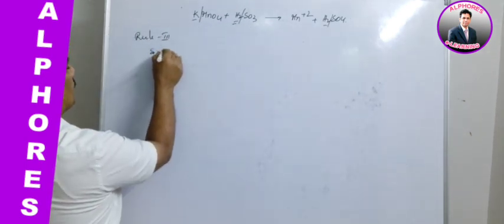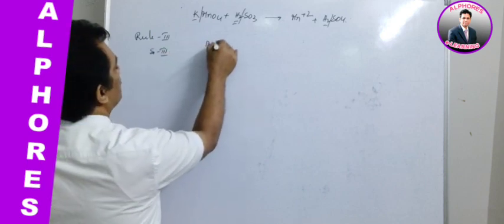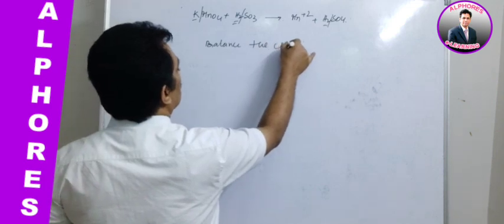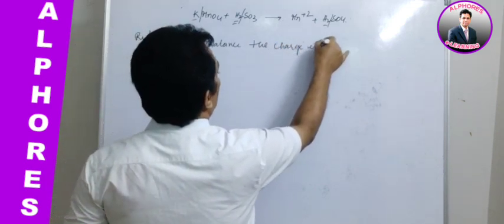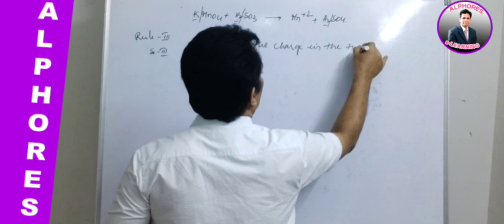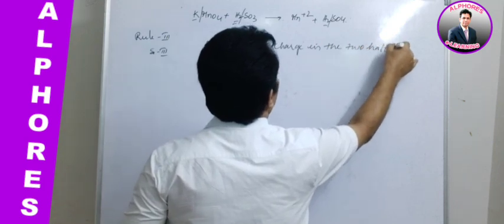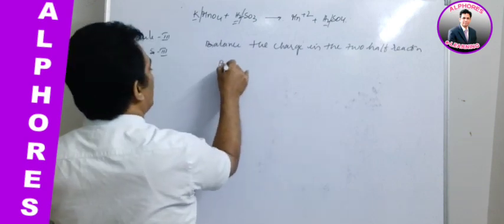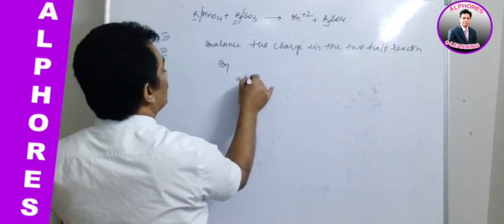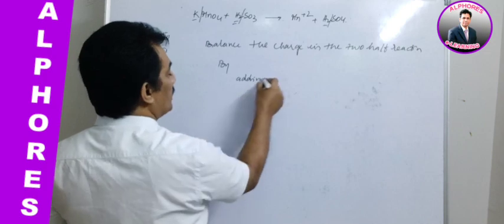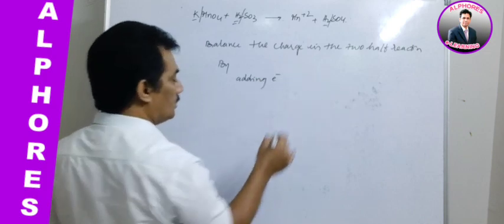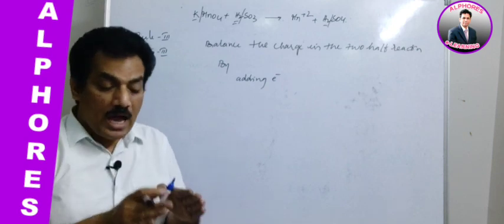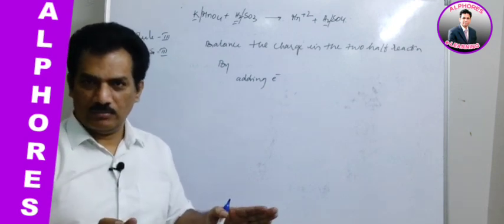Step 3, balance the charge in the two half reactions by adding, here just you observe, by adding electrons. That means when we are balancing the charge, we have to add the electrons only.